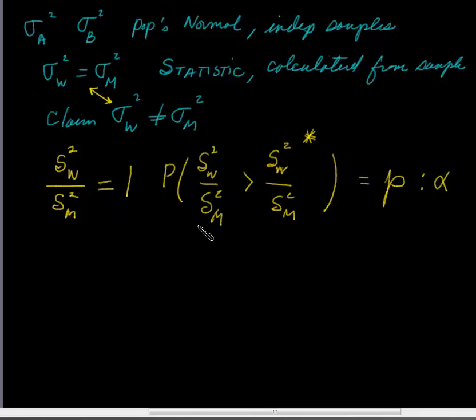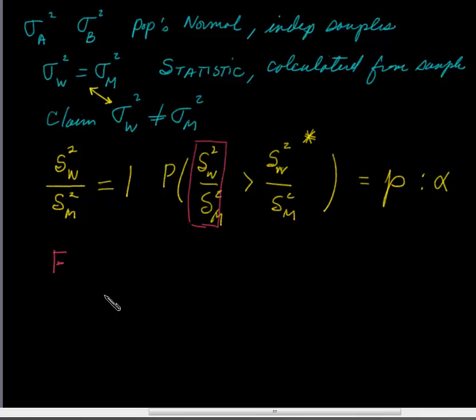Well, we're in luck because I do know the distribution of that statistic that I've written right here. I do know the distribution of these ratios of sample variances. The name of this distribution is the F distribution. We use a capital F to indicate that distribution.